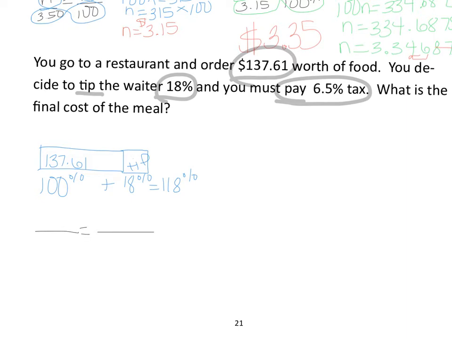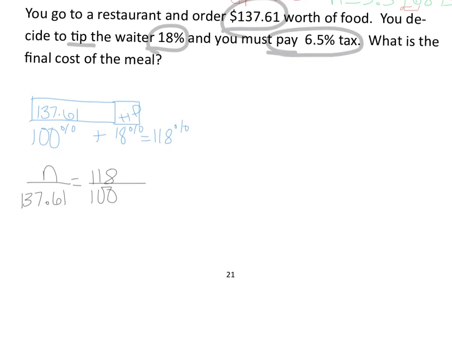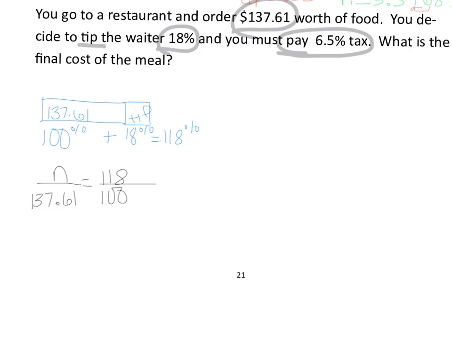For your proportion, it's 118 out of 100 because all percents are out of 100. And then your variable, in my case I'm using n because I'm not very creative, over the whole cost of 137.61. We cross multiply like we have been, just like normal.